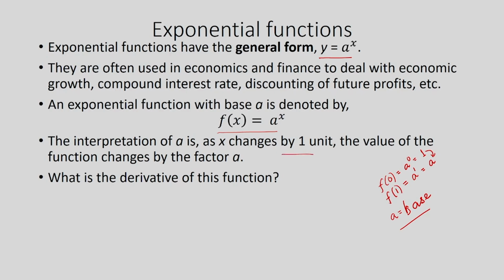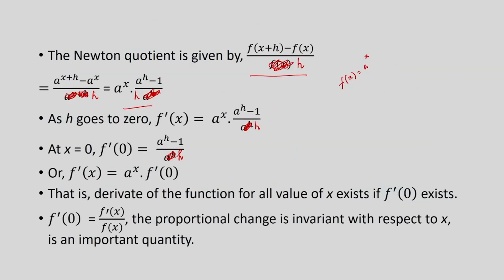Now, if a function is given, then we may want to find out what the derivative of this function is. That is the second thing that we are going to look at. The function we have defined is a to the power x, but what is f dashed of x? So here is the Newton quotient. Newton quotient is given by this.